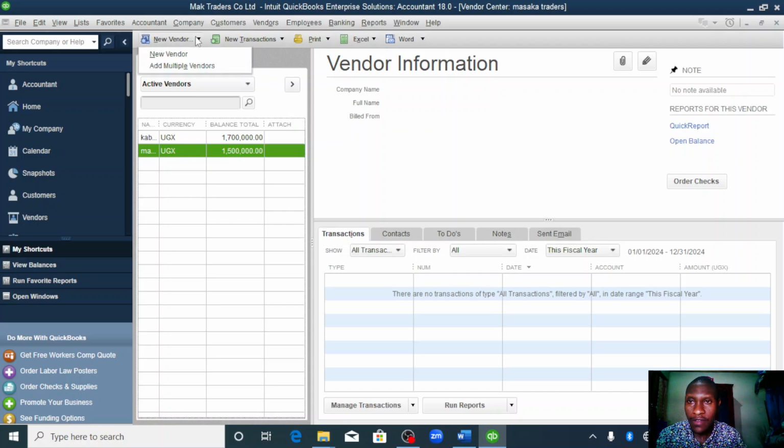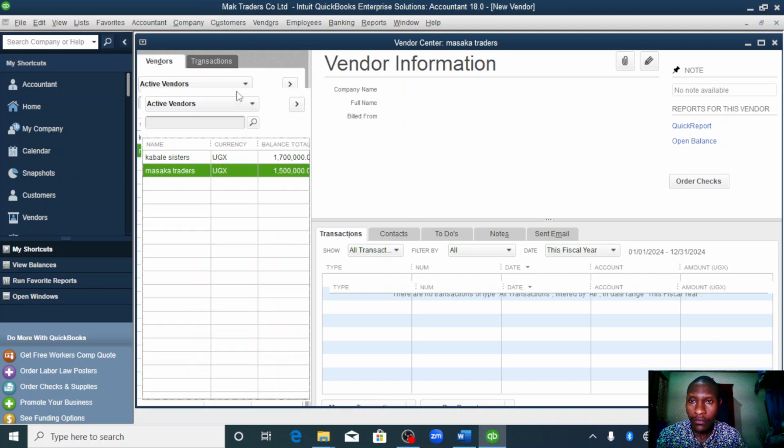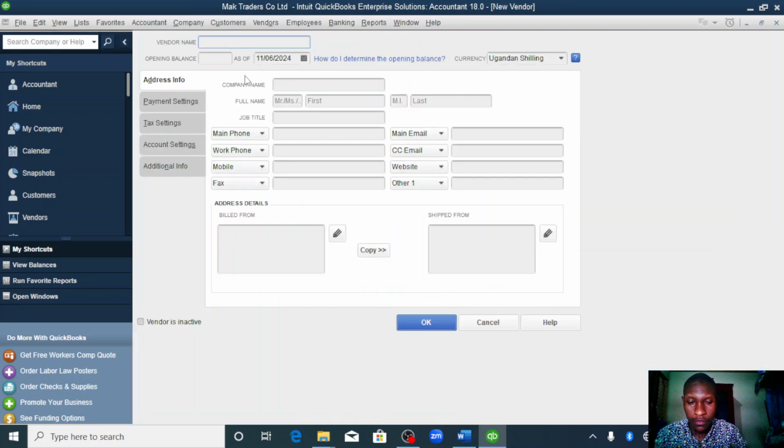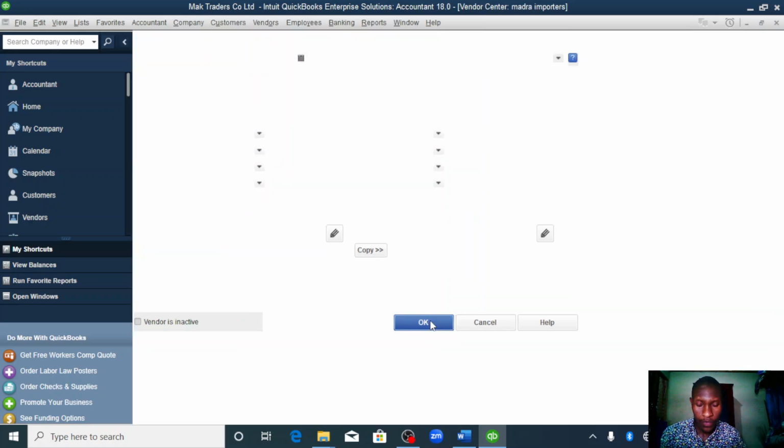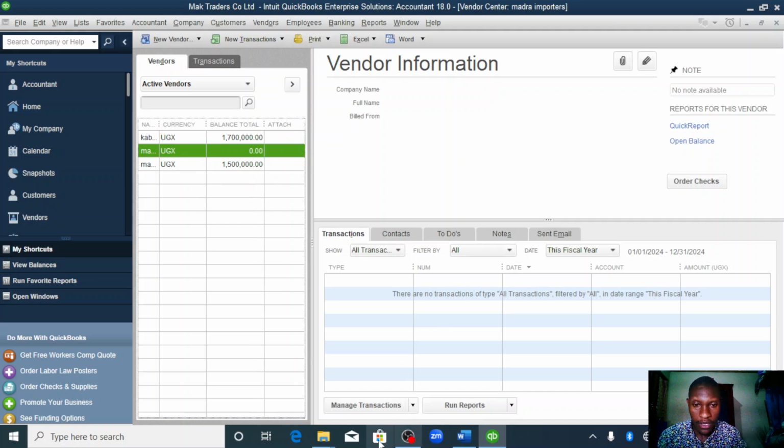Madra importers is our next vendor. Madra importers is not having an opening balance. We update the date and click OK, and we are done with our vendors.